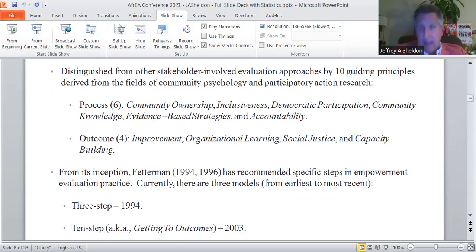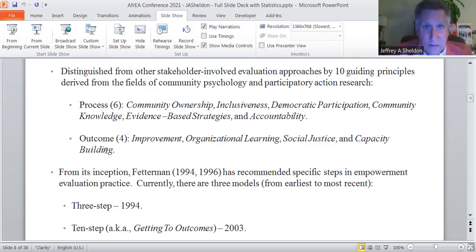And as I said earlier, empowerment evaluation is very much grounded in community psychology, but also in participatory action research, which speaks to the ideological nature of empowerment evaluation and its values orientation, in which people are included in the process of the evaluation.